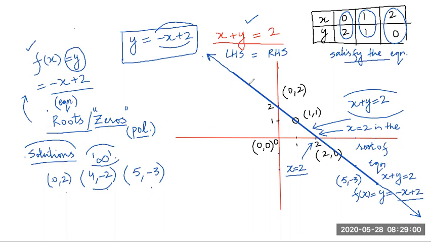Now we have taken an example of a linear equation. Even if you take the example of a quadratic equation, it might be like this. In this case, whatever points are on this quadratic curve are all solutions of the quadratic equation. You can practice it.